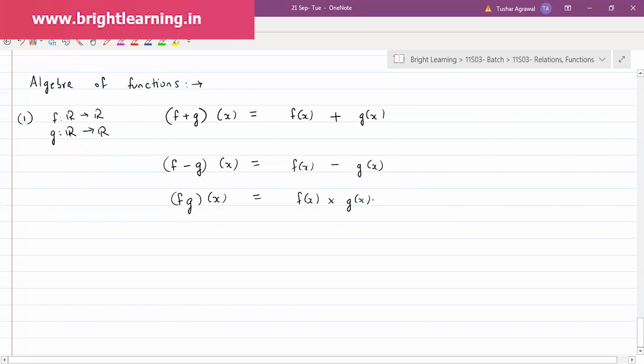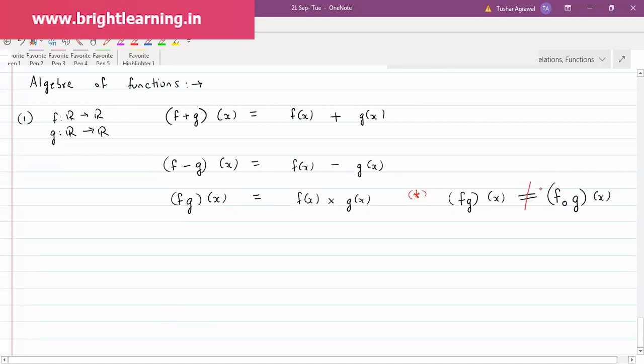Now just keep a simple note in mind. While writing fg of x, be careful to write it as fg only. Fg of x and f o g of x are two completely different things.